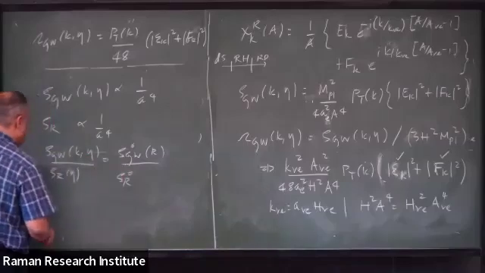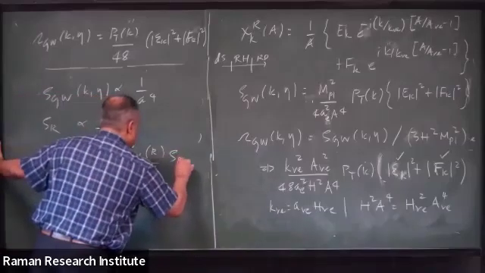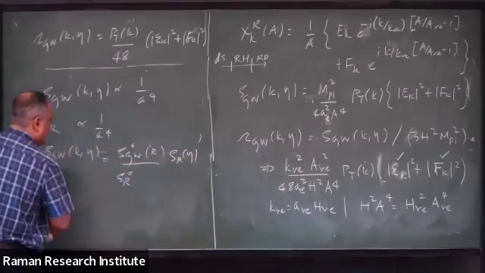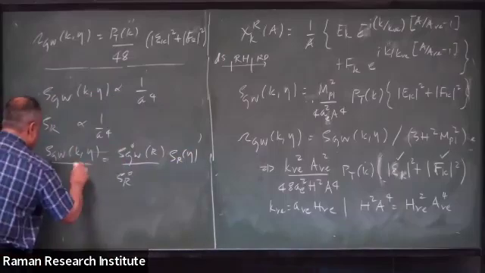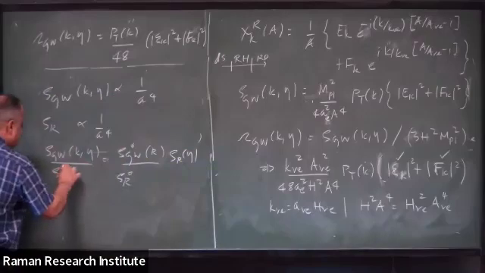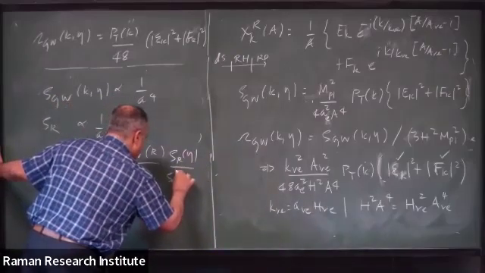So what it means is that I can write rho GW K comma eta in this fashion. And now what happens is as follows. This is rho R of eta. Now what happens if I divide rho total during radiation domination by rho total during radiation domination?